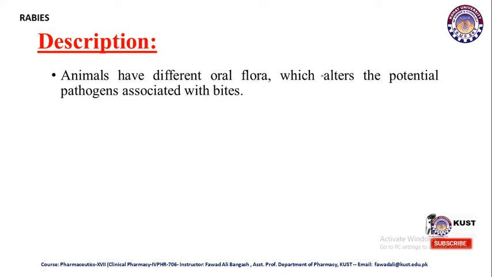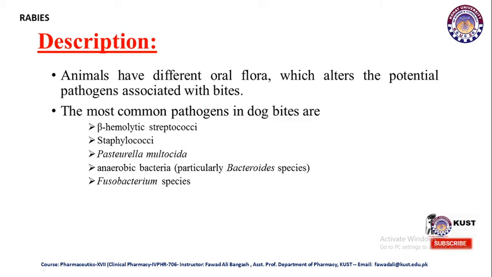The most common pathogens in dog bites are beta-hemolytic streptococci, staphylococci, Pasteurella multocida, anaerobic bacteria, particularly Bacteroides species, and Fusobacterium species. These are the most common pathogens in dog bites.